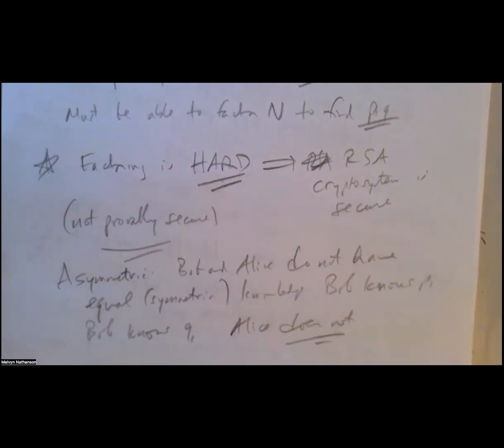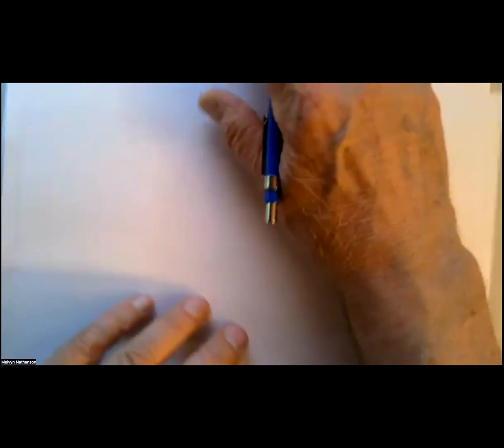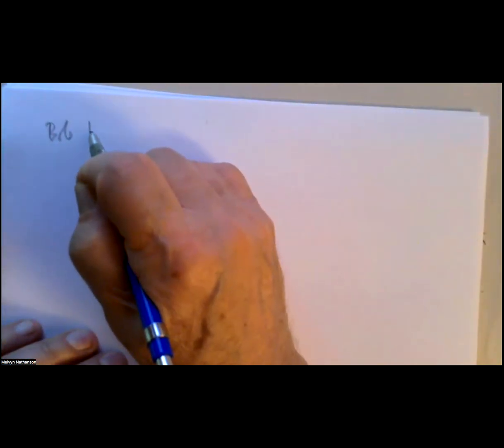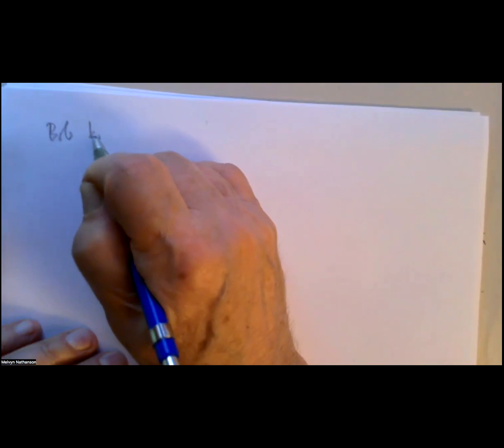Okay, let's see. There's one other point, this is just a little piece of arithmetic, which is interesting. So Bob computes and sends.